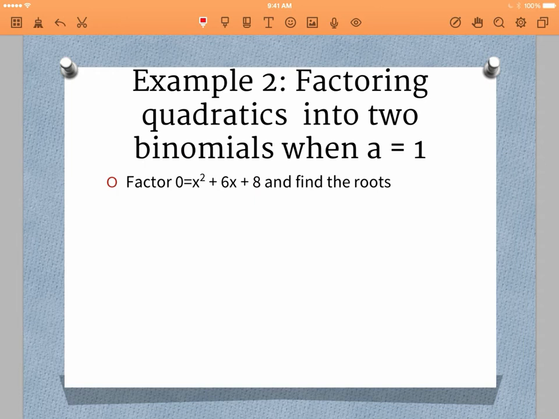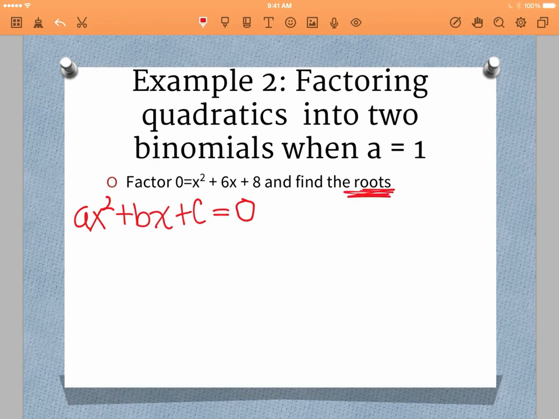Factoring into two binomials when a is equal to 1. Now, just remember when we talk about a, we say that quadratics are written in the form of ax squared plus bx plus c equals either 0 or y. In this case, we're using 0 because we're going to find the roots.